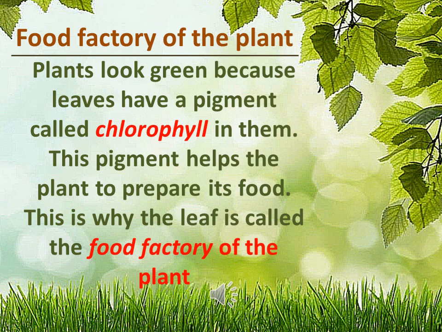This is why the leaf is called the food factory of the plant. Plants which do not have this green pigment chlorophyll cannot prepare their own food. So because of this green pigment chlorophyll, the plants can make their own food.